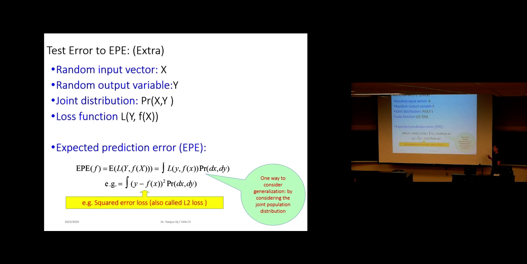Question about this? I'm minimizing the mean. Let's assume maybe the joint distribution is a Gaussian. I'm just making an assumption. I'm minimizing the mean, and most samples will have error here.